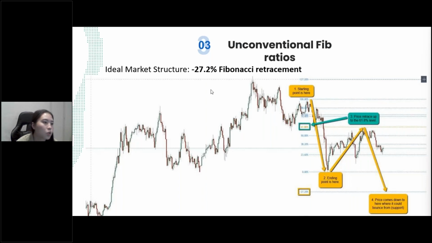So this is what applying Fibonacci on the charts will look like. Before you apply Fibonacci, you first need to identify patterns. Because today our topic is Fibonacci retracement, I need to let you know what Fibonacci retracement looks like on the chart. It looks like a V with the back end being shorter than the front end.